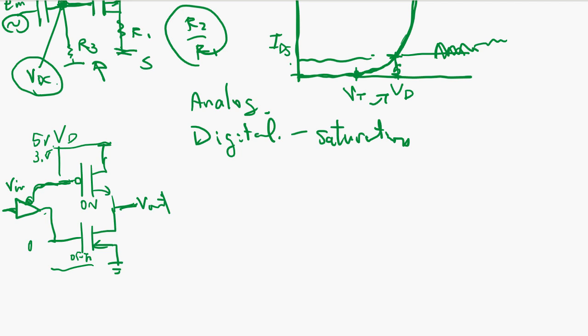So V out is going to be, if this goes low, V out goes to high, all the way to the highest voltage. And when V in goes high, then the opposite happens. This shuts off, and this one turns on. All the charge here, the output node charge, is drained out, and this voltage goes low.